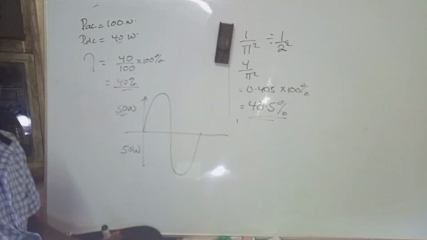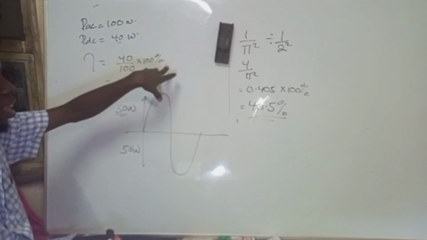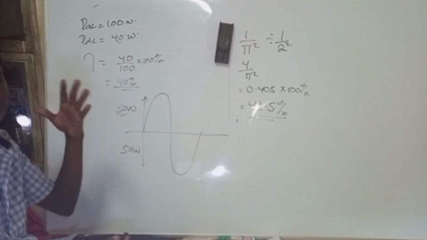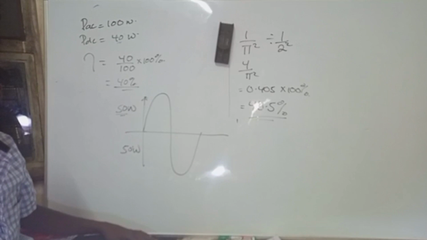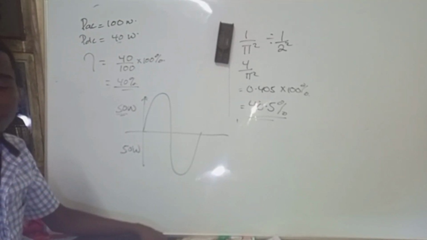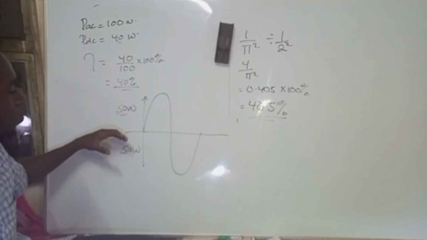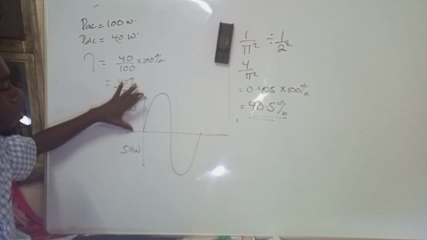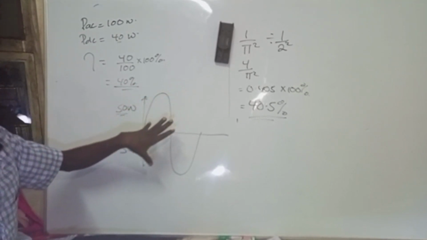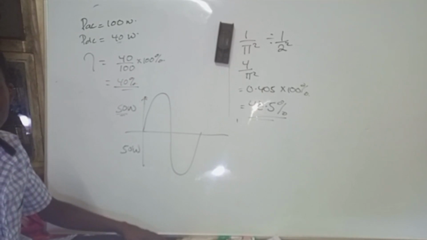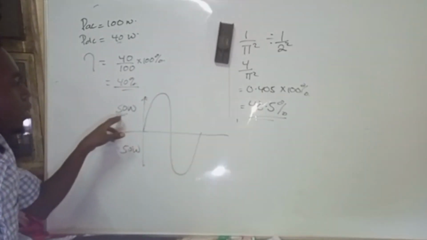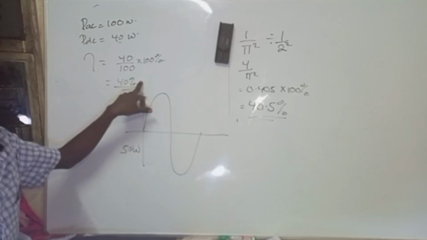That doesn't mean the entire 60 watts is wasted as heat and other byproducts, as you can see clearly in the explanation there. The rectifier is only receiving the 50 watts of the positive half cycle and not the negative half cycle. So that's why of the 50 watts it is outputting 40 watts.